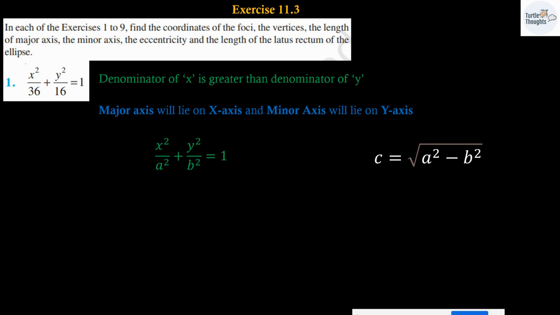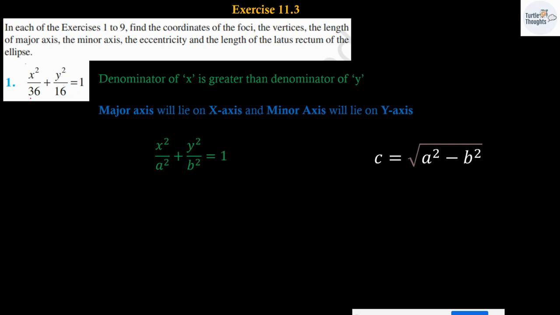In each exercise 1 to 9, find the coordinates of the foci, the vertices, the length of the major axis, the minor axis, the eccentricity, and the length of the latus rectum of the ellipse. First question: x square divided by 36 plus y square divided by 16 is equal to 1. The first step is to determine which denominator is greater.